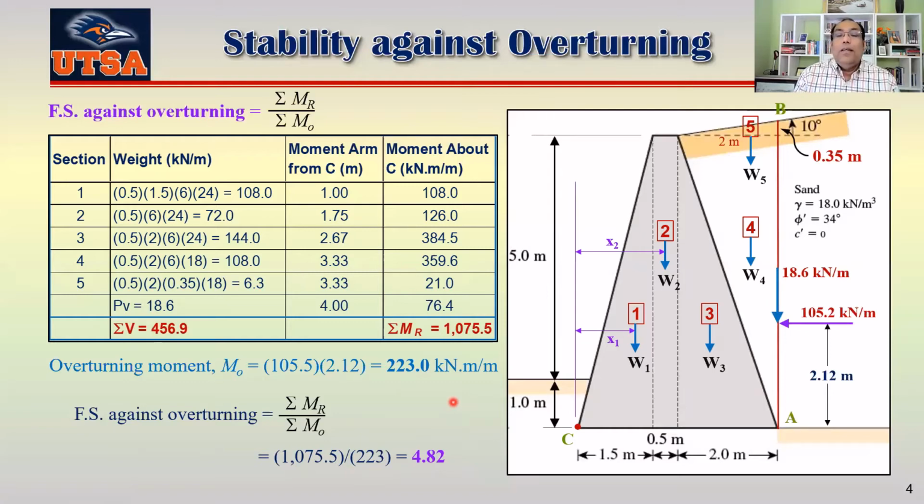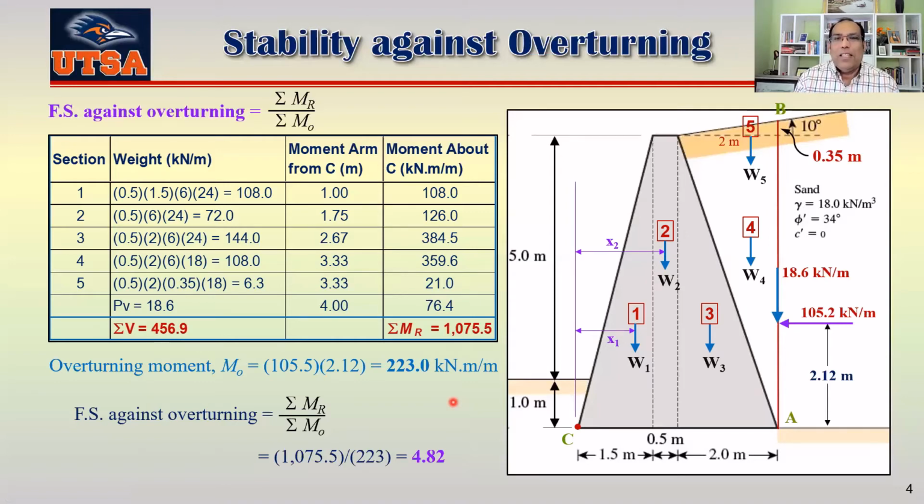For design purposes, sometimes you need to get another trial to make your wall a little bit smaller and see whether it also follows the factor of safety of at least 3.